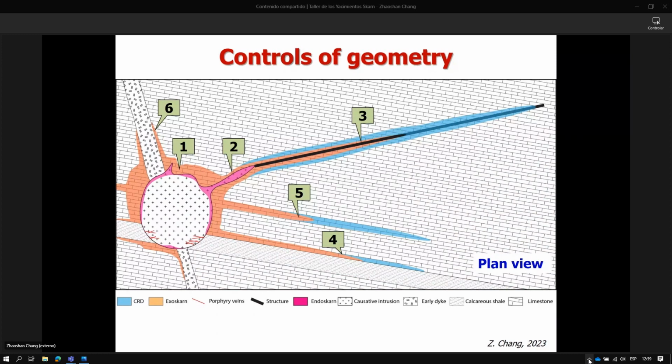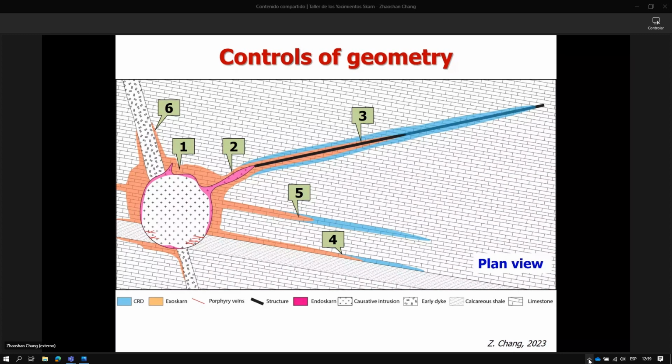It's a bedding-parallel slip fault controlling this one. Number 5 is where you have a thick package of limestone, kilometers thick, but only certain layers are mineralized and altered. This occurs again and again.